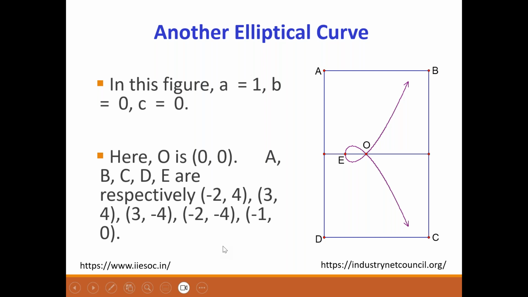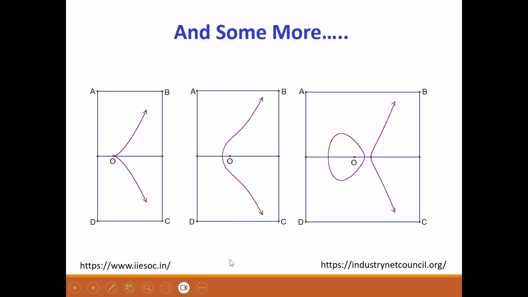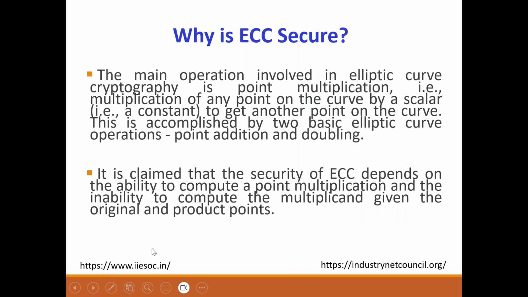So here's another one. And so what we've done is instead of -1, we've put in 1. And you see when you change the integer, you change the value, the curve looks very, very different. And some more. Well, that's very, very interesting. So what this means is that changing the value creates a very different curve.